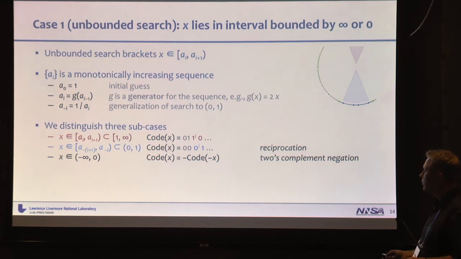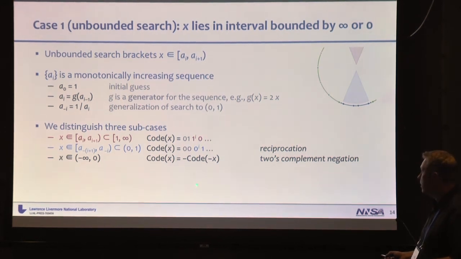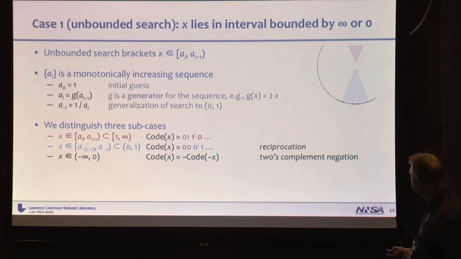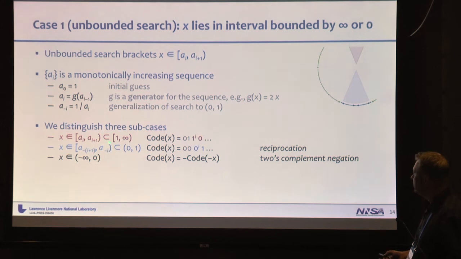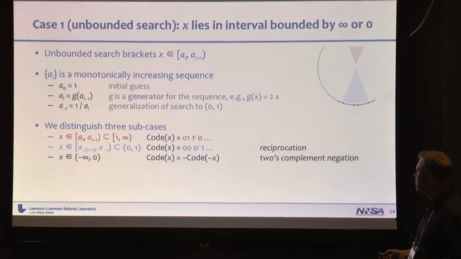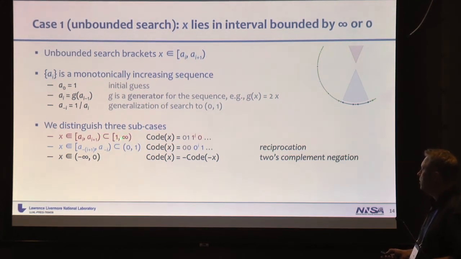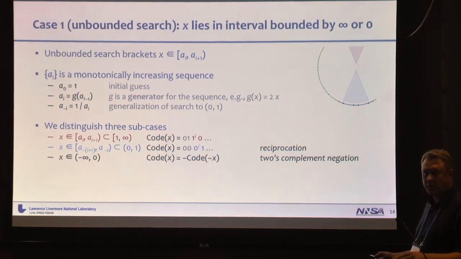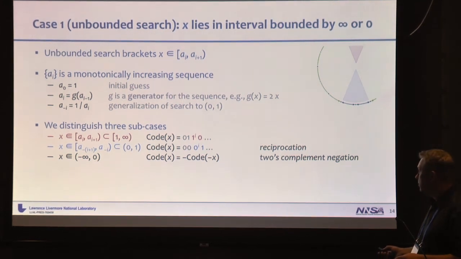Then we distinguish 3 separate cases here. In this red region, it's not showing up well at all. I apologize for this; these slides are not the way I put them together. In the red region, the way that we encode this value, once it's been bracketed, is that we have a 2-bit prefix. Going back to the previous slides, the prefix 0, 1 means that the number is between 1 and infinity.